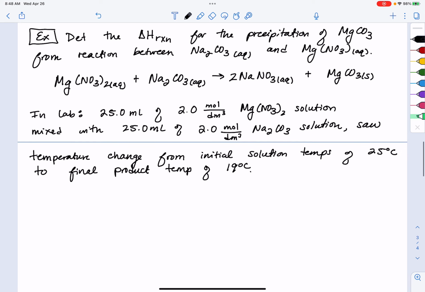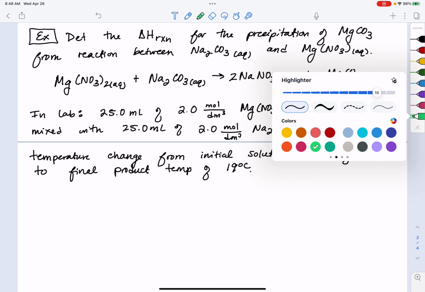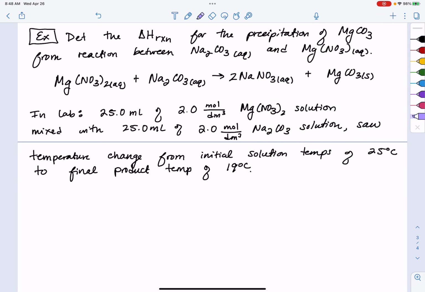All right. So what on earth's going on? There's a lot of information here. So we are trying to determine the heat of reaction.